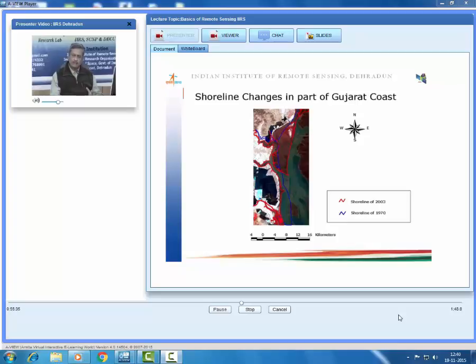Where deposition is happening and where erosion is happening, you can study very well using multi-temporal satellite data: data acquired at two different times, or an old Survey of India toposheet properly registered with the satellite data, or satellite data registered with the toposheet. You have to take care that the registration is very, very accurate, because one pixel this side or that side, depending on the resolution, may incur a good amount of error. So you have to take care of that.